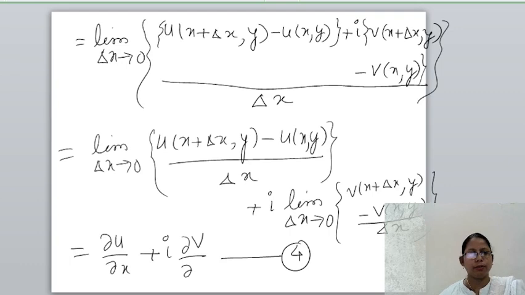Correct this mistake, remaining will be all that. Increment is given to x variable, so this is del v by del x. So right hand side of the equation is del u by del x plus i del v by del x.